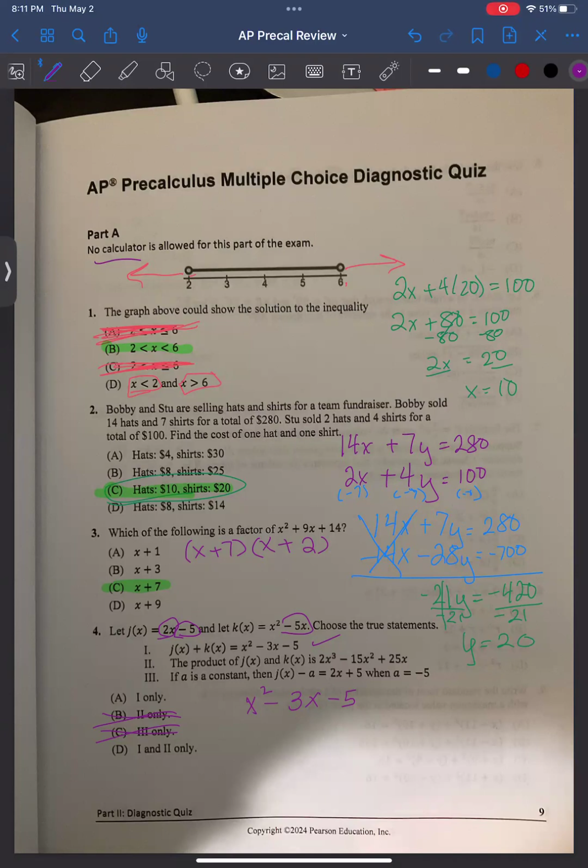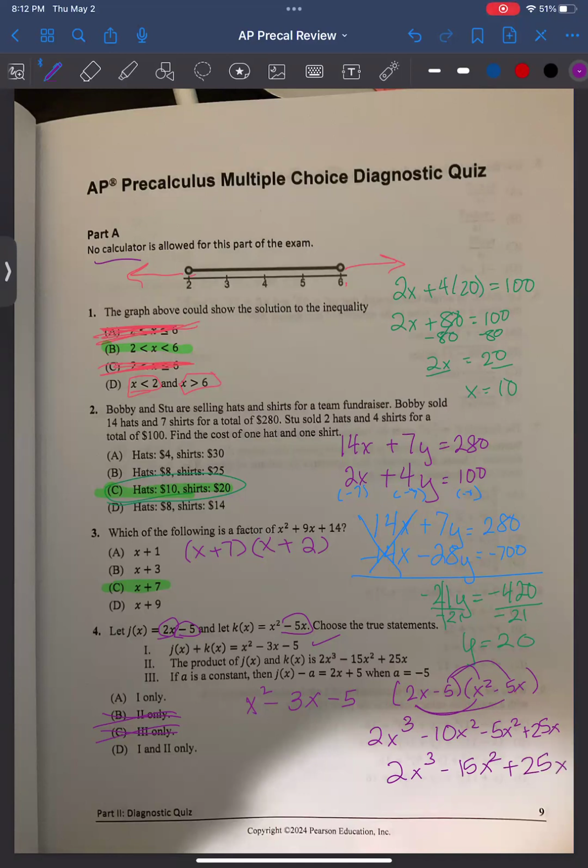Now it says the product, so I'm going to multiply. I'm going to FOIL 2x minus 5 times x squared minus 5x. That's 2x cubed minus 10x squared minus 5x squared plus 25x, which is 2x cubed minus 15x squared plus 25x.